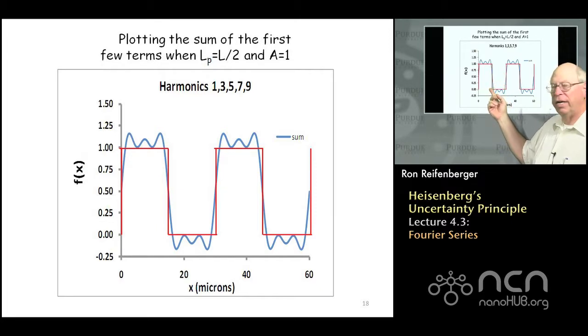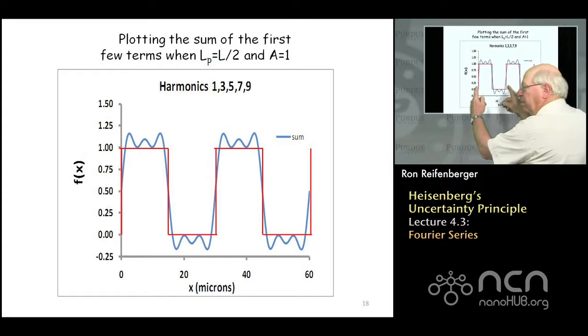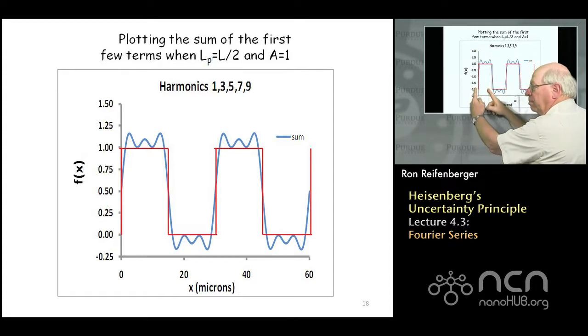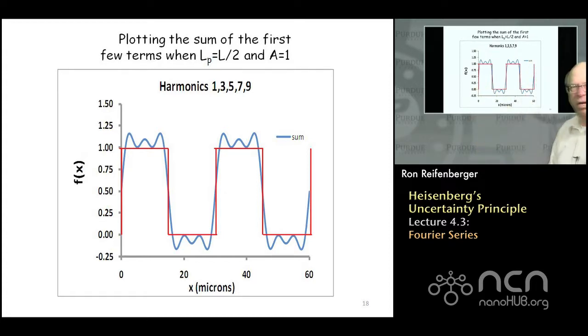The coefficient L sub p is now equal to half of L, so L is given by this distance here. L sub p is just half that value. Right, and I just keep the first 5 coefficients, 1, 3, 5, 7, and 9, right? And that's represented by the blue curve here.